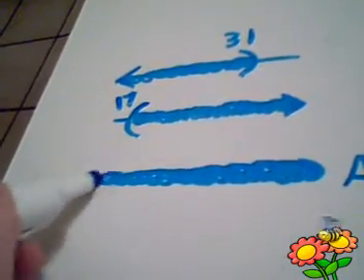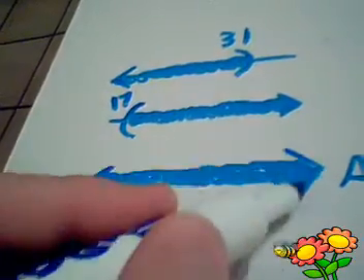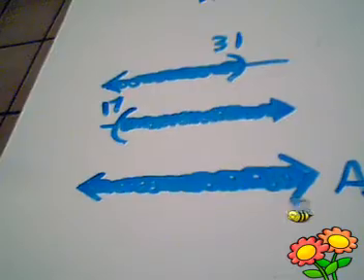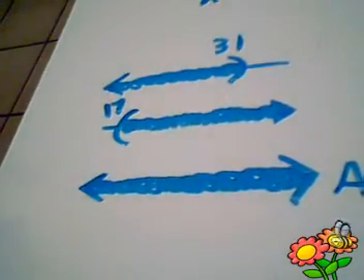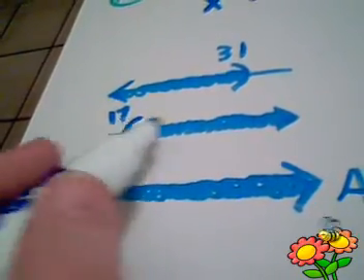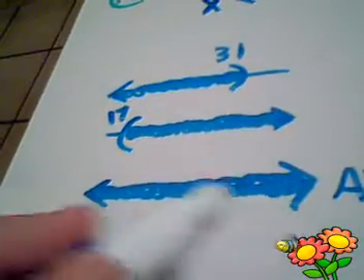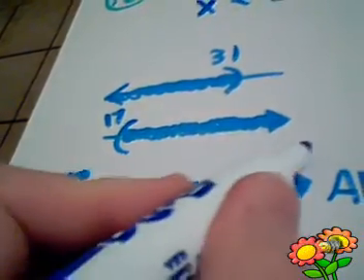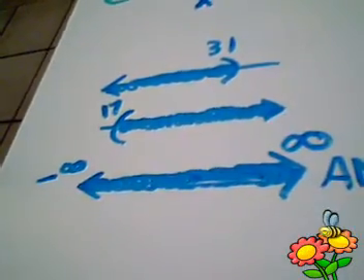Now, if it was an and, of course, you would just have the numbers between 17 and 31. But the or brought along everything from this direction, including everything from this direction, which was one big number line. Now remember, on a number line, this is the negative infinity direction, this is the positive infinity direction.